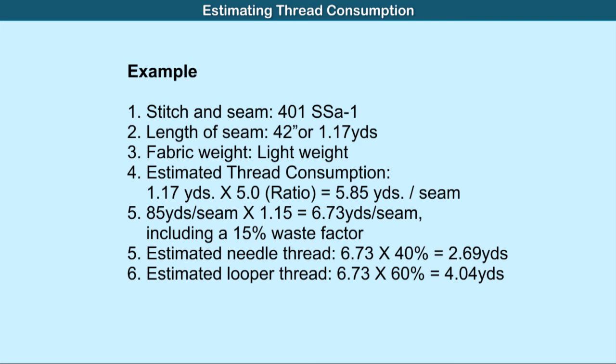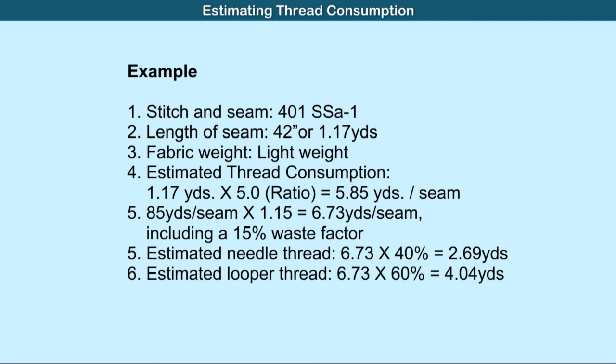However, most heavy fabrics are sewn with fewer stitches per inch, and most lightweight fabrics are sewn with more stitches per inch. Therefore, we have come up with the following estimates based on the typical seam thickness and stitch length.